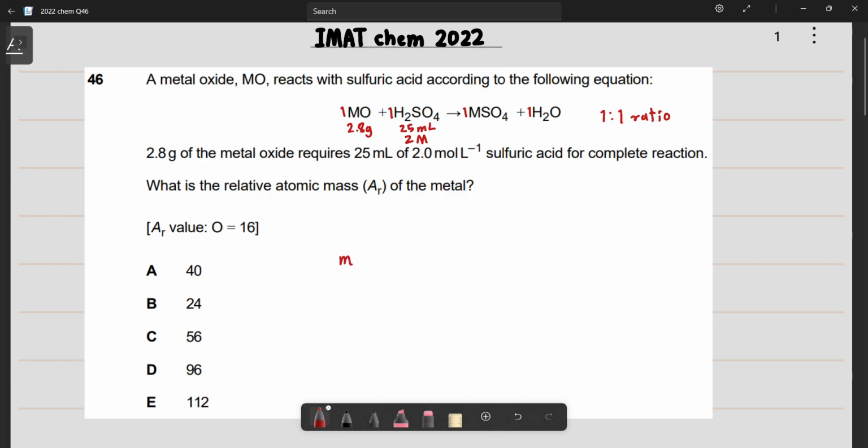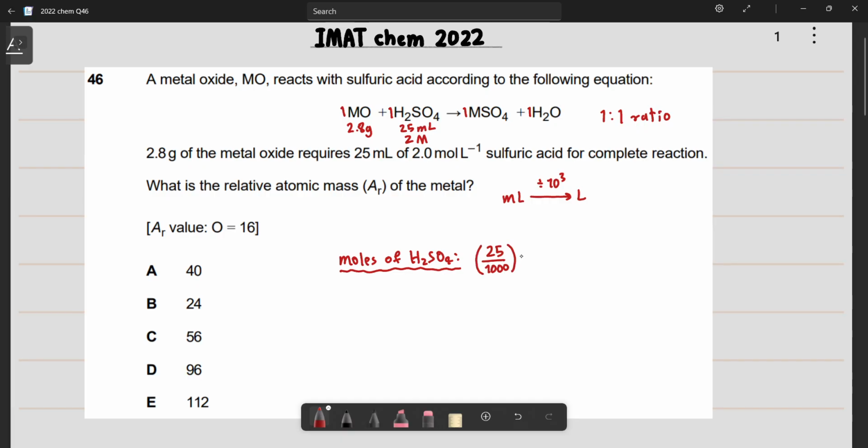So moles of sulfuric acid. Okay, so that's pretty easy. You'll just first of all divide 25 by 1,000. That's to convert ml to liter. So I'm going to divide this by 1,000, 10 to the power 3.